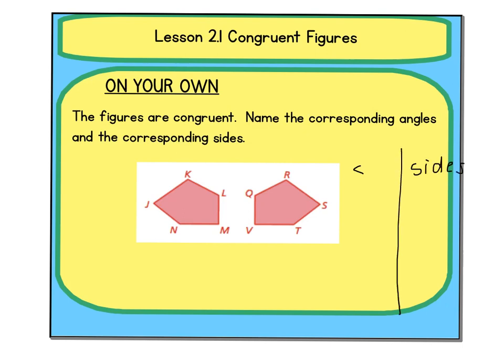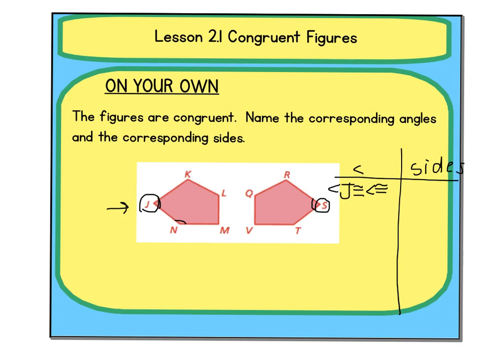So I'm going to just start with angle J. Angle J is congruent to, now I have to find, do you see how this one sticks out a little bit more? On the other one, it is flipped over, so I have to be careful. It's congruent to angle S. So I'm just going to put one little mark in the corner there.